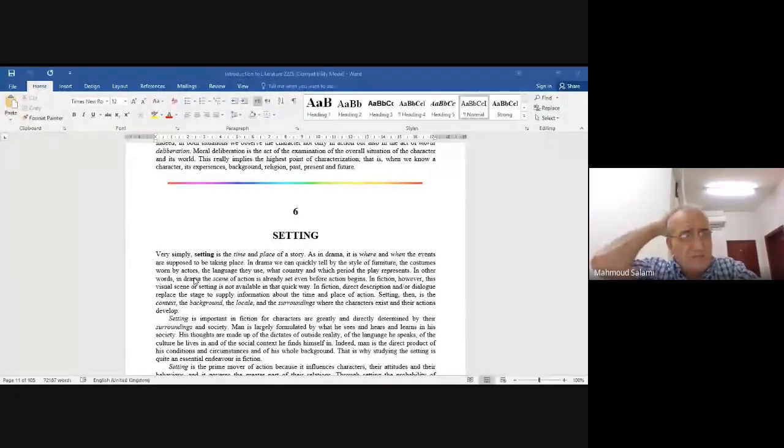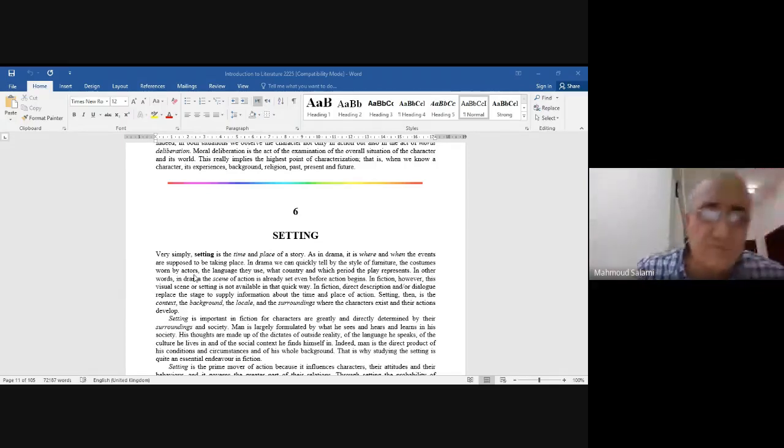Setting is simply the time and place of a story, like in a play, like in drama. So we look at the place where the action happened, and when. This is the idea: where and when the events are supposed to be taking place.